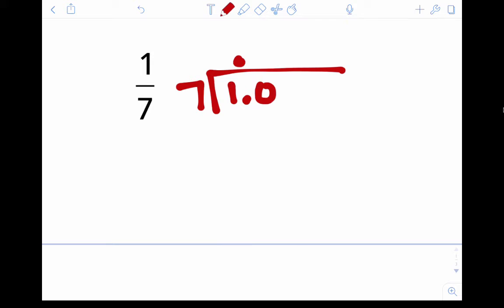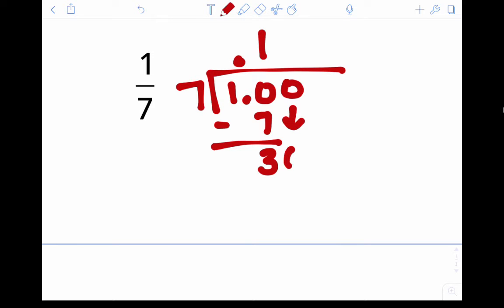7 goes into 10 one time. 1 times 7 is 7, so I'm going to subtract to get 3 left over. I'm going to add a 0 and bring it down to continue this problem. 7 goes into 30 4 times. 4 times 7 is 28.